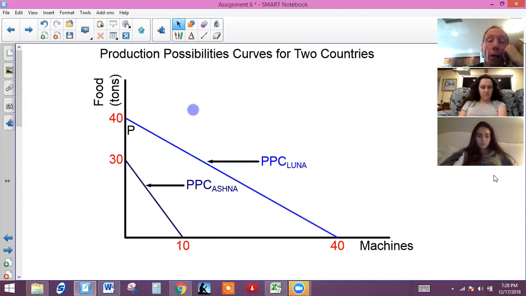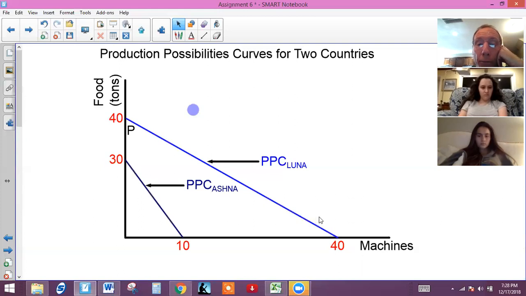Okay. What you need to do is look at what, and this isn't the one for the quiz, but it's like this, okay? If we think about this, if Luna doesn't trade at all with Ashna, 1 ton of food costs 1 ton of machines, okay?